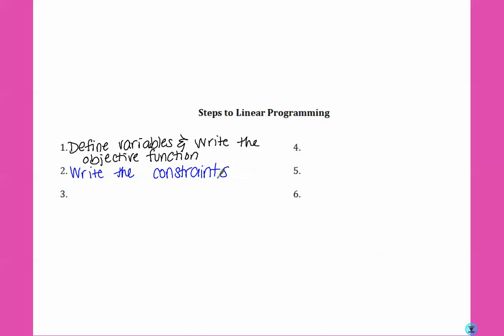Then what did we do with the constraints? Top of the page we're writing on. We graphed the constraints. Then from our graph, what was important? Then we found the corner points.